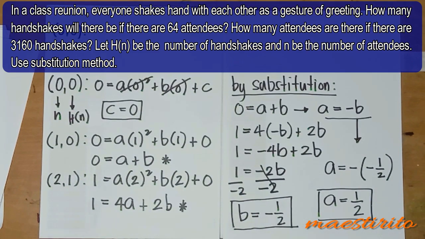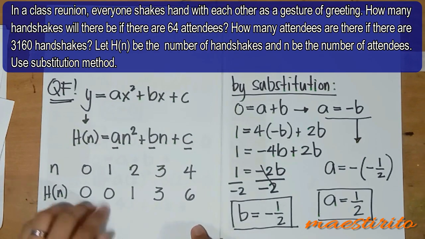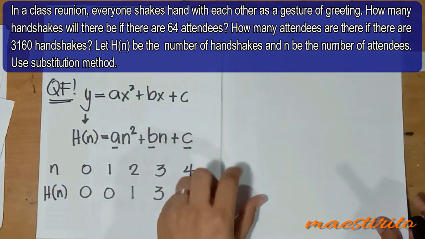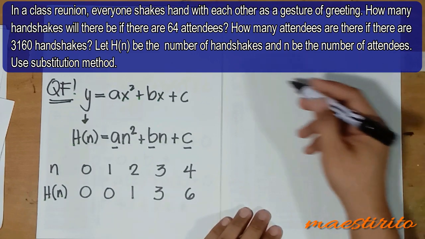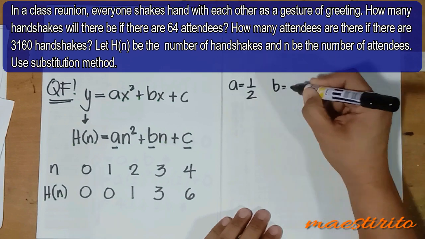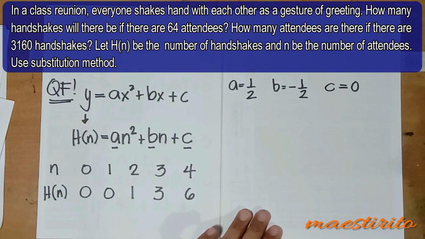So going back here, we can now have the pattern. Okay, so let me write again the values that we have found. For a, we have 1/2. For b, negative 1/2. And for c, which is 0.